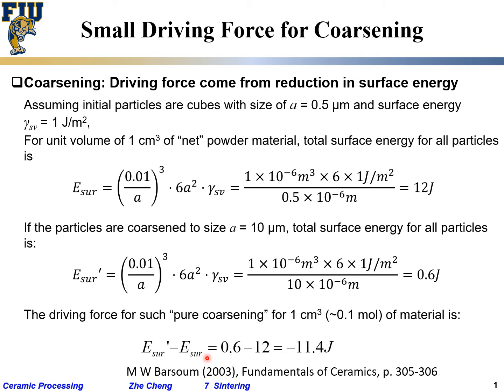Final state minus initial state. I have 0.6 minus 12, which becomes minus 11.4 joule. A negative number, which means it's a so-called spontaneous process. It's happening naturally. It wants to shrink its total surface energy. And I'm talking about absolute value 11.4 joule. Not a big number compared with chemical reaction, because for chemical reaction, quite often it's on the order of tens or hundreds of kilojoule per mole. Here, for 0.1 mole, even for 1 mole, we are talking about 0.1 kilojoule.